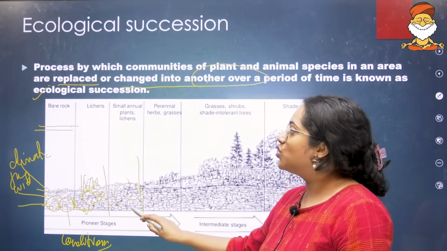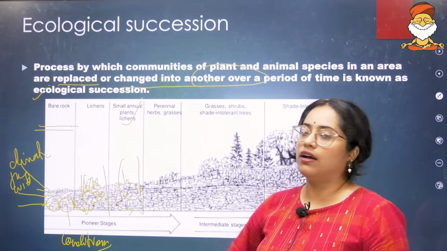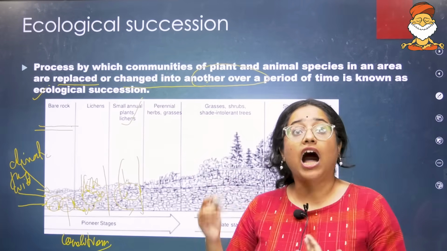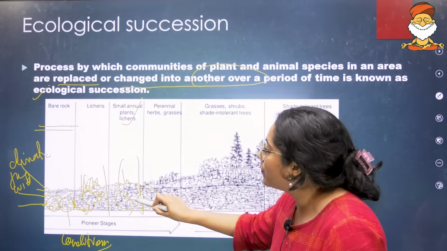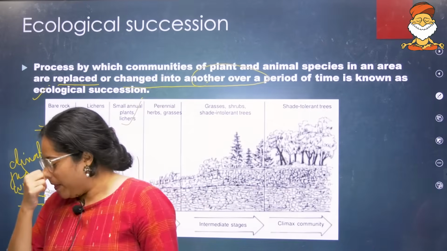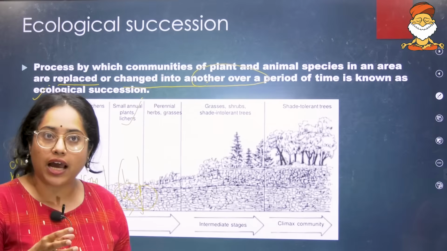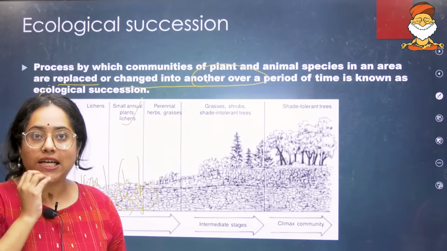This changes the soil and it aids the growth of small annual plants, etc. After that, again, this kind of change happens, and slowly you will see that. A lot of times students get misunderstood with the idea that it gets replaced.